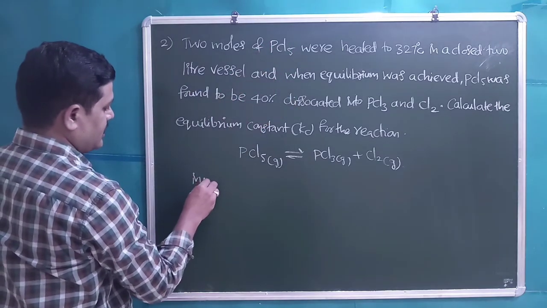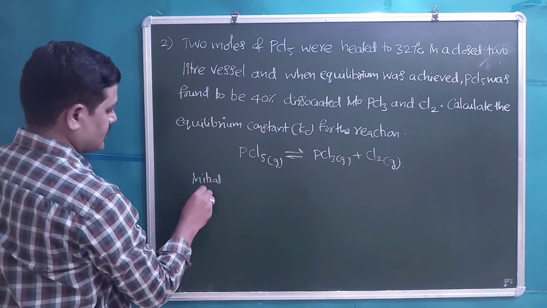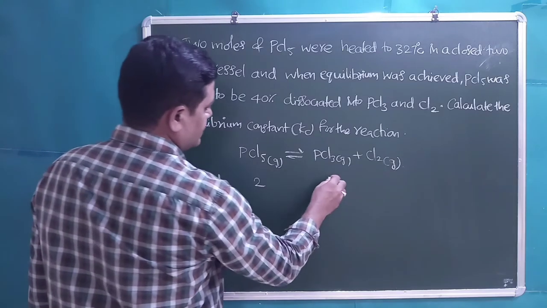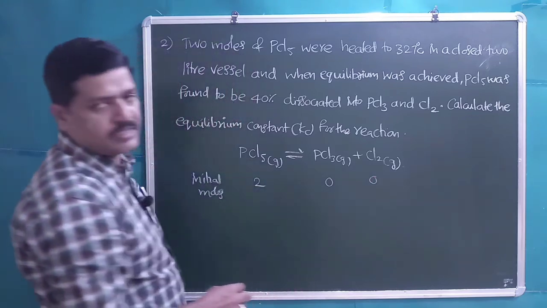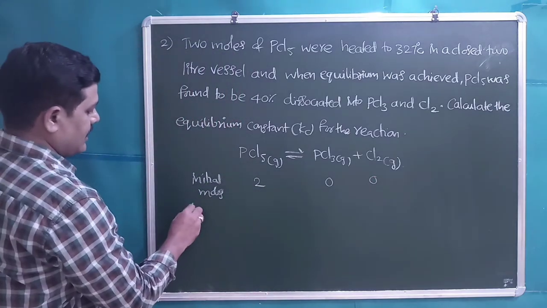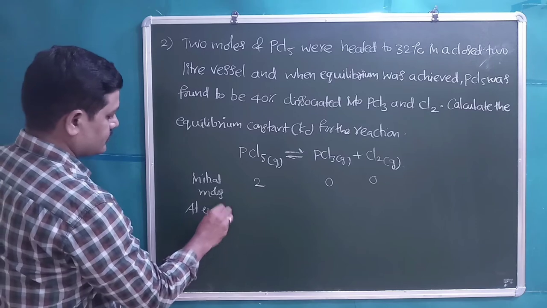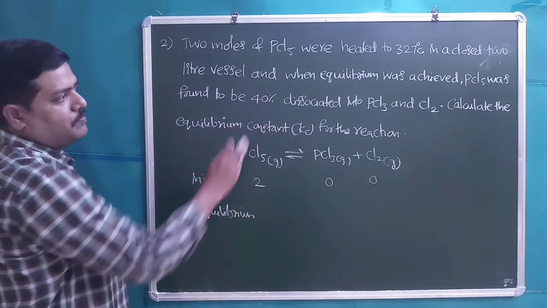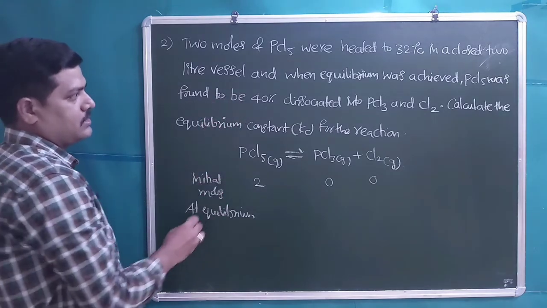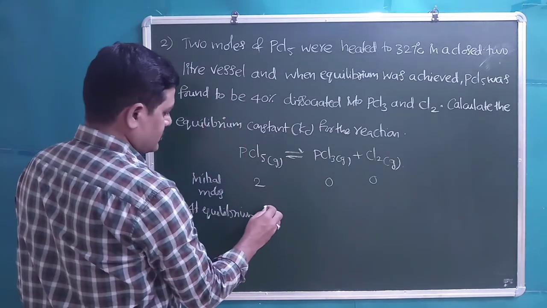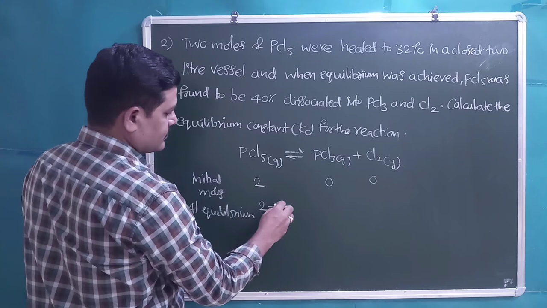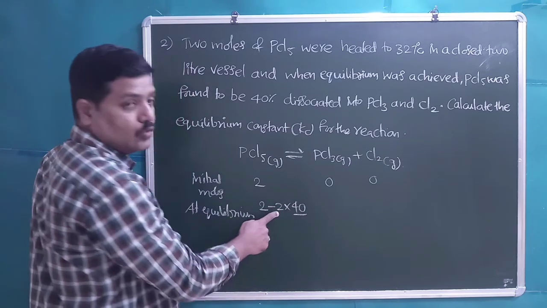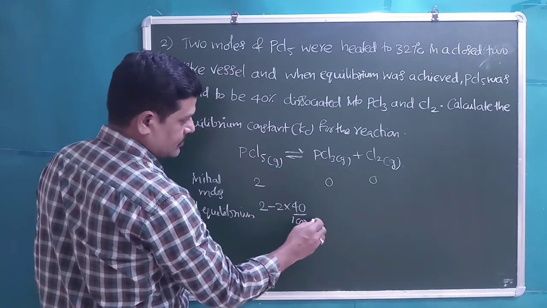So initial moles of PCl5 is 2 moles, PCl3 is 0, Cl2 is 0. At equilibrium, it is given that 40% of PCl5 was dissociated, right? So out of the 2 moles, 40% of this is dissociated. So 2 into 40 by 100.